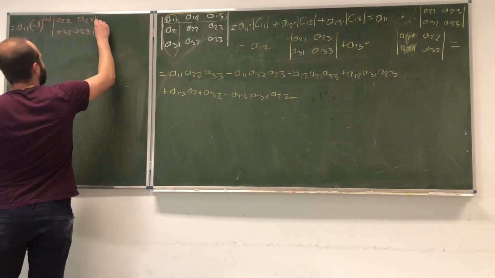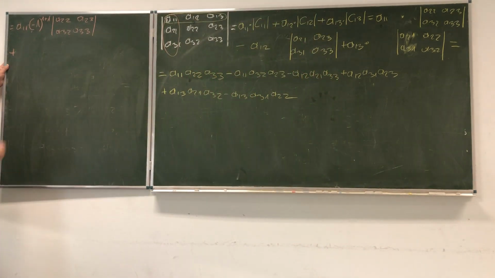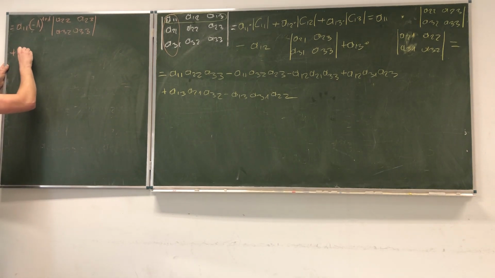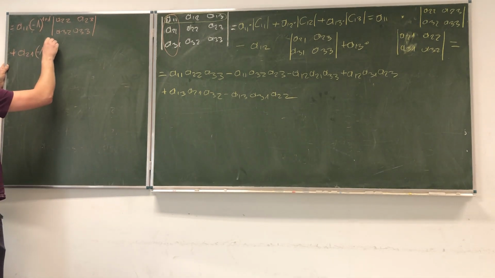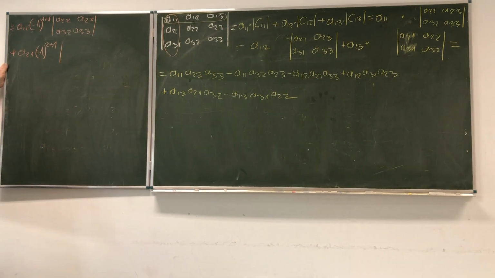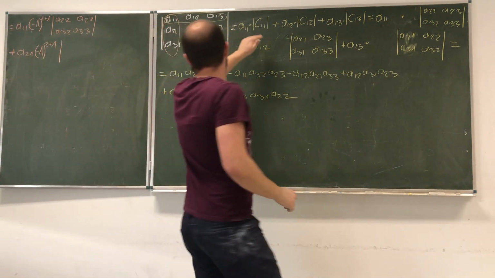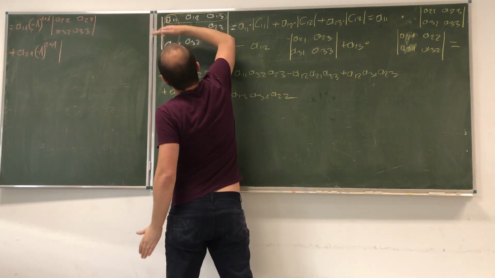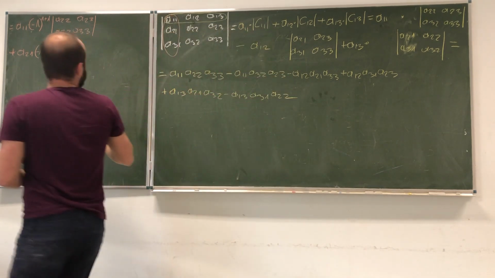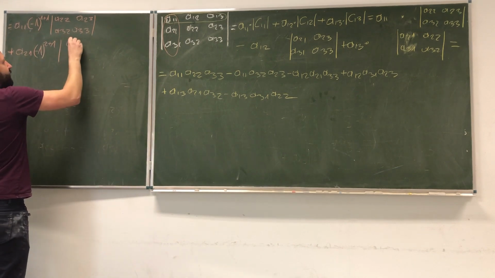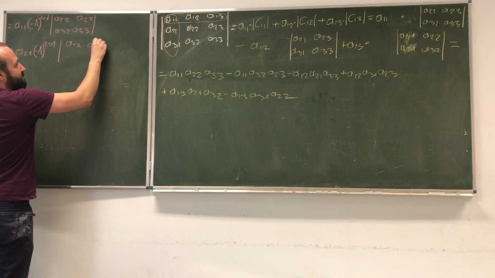Okay, then I'm adding another expression. This time I'm going to A21 times negative 1 to the power 2 plus 1, and now I calculate the minor here. So in order to calculate this minor, now I need to delete second row, first column, and what I get left is what I should put in as my minor.